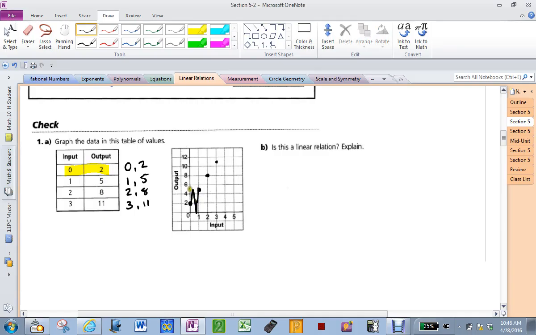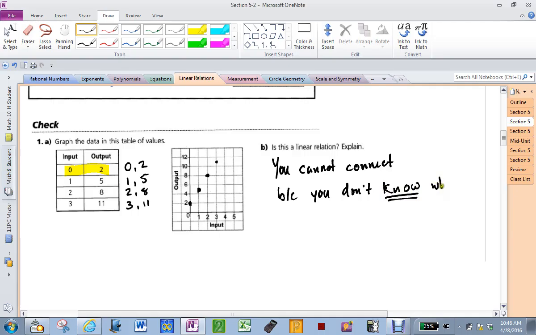No. So the first question is, can you connect the dots? You cannot connect them because you don't know what's happening.